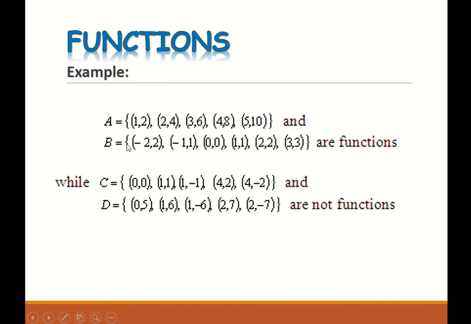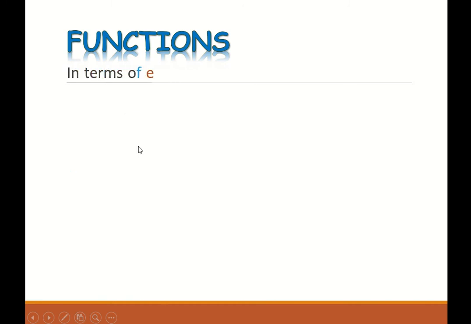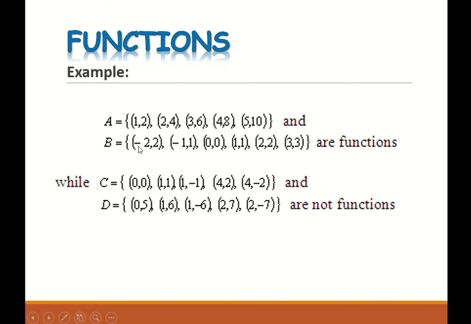For set B, negative 2 corresponds to 2, negative 1 corresponds to 1, 0 corresponds to 0, 1 corresponds to positive 1, 2 corresponds to 2, and 3 corresponds to 3. So these two are functions.